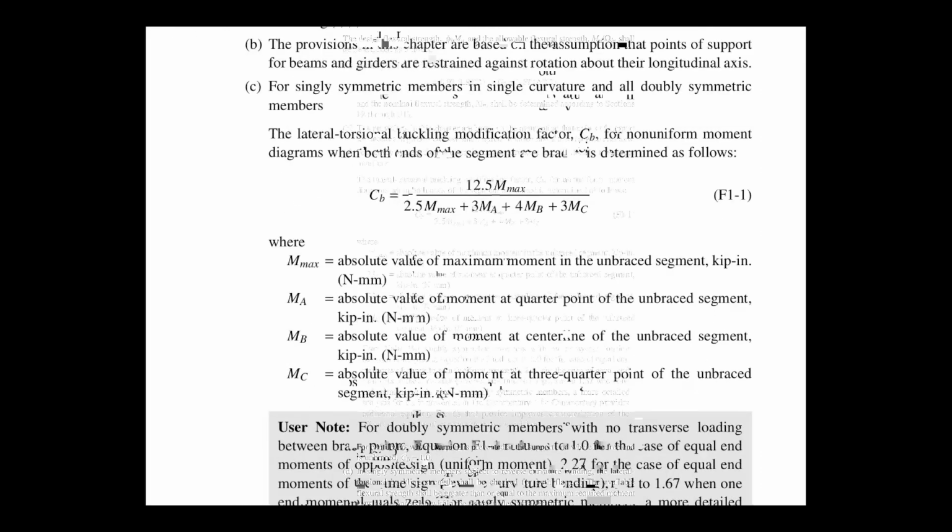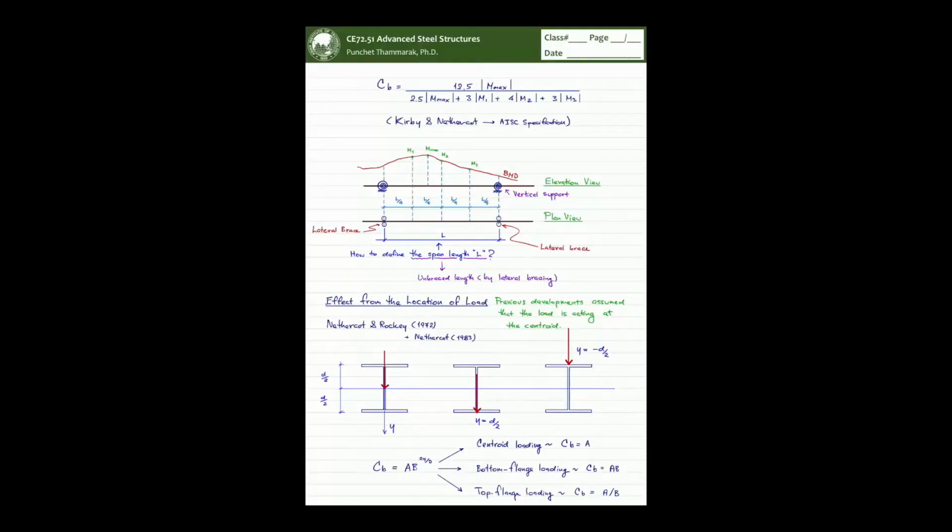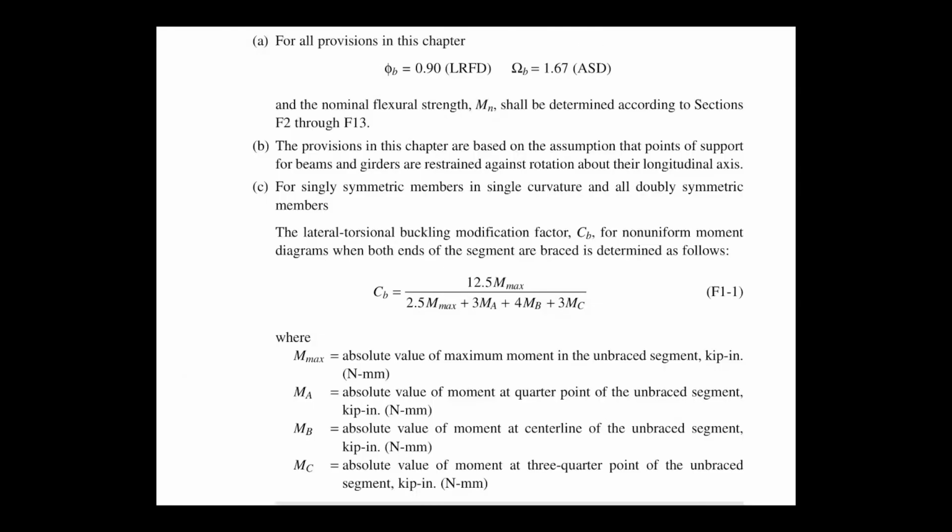Next, the code suggests these CB values, and we're going to elaborate on them. We talked about this paragraph already. I copied and pasted it into that writing already, so I explained everything. This is from the code. So let's take a look at the CB. CB is given by this number.